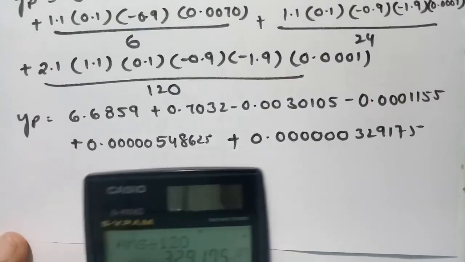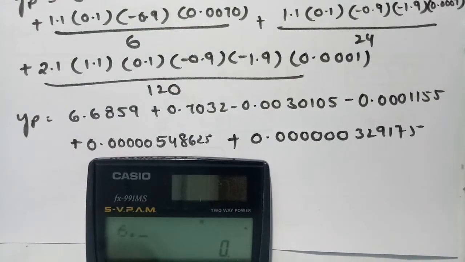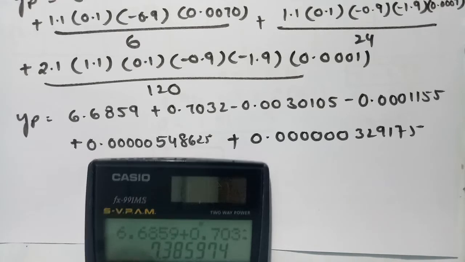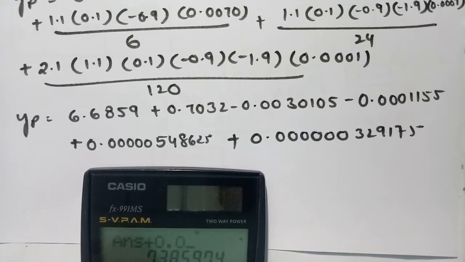So now if I go with this, so this will be YP value, that is 6.6859 plus 0.7032 minus 0.0030105 minus 0.0001155 plus 0.000548625 plus 0.0000009175.